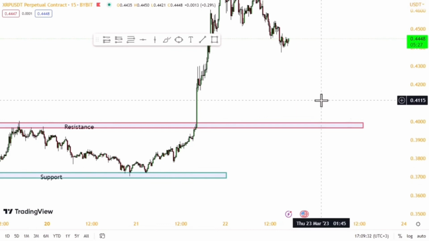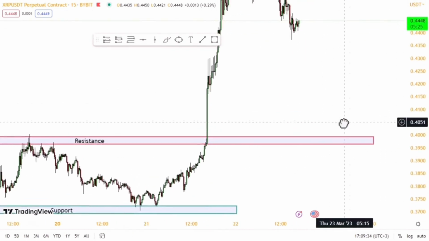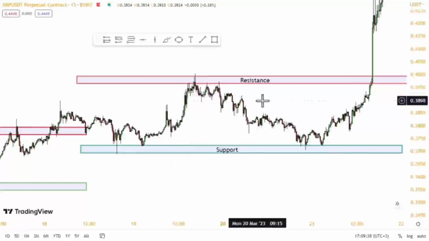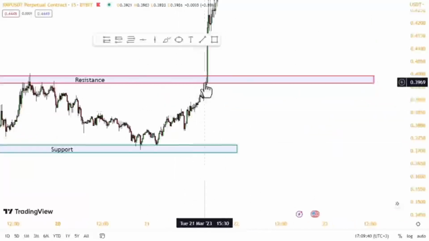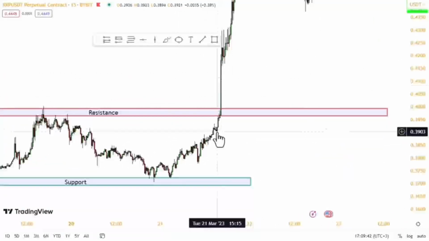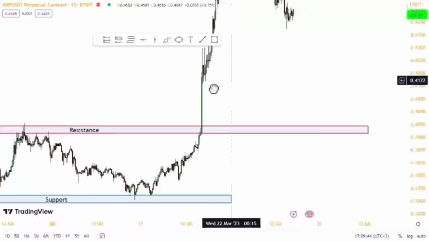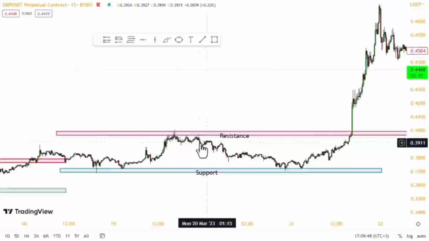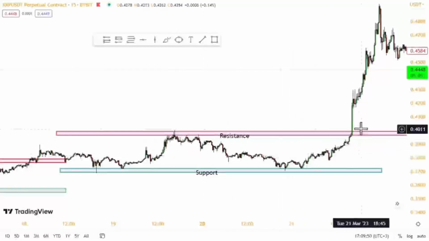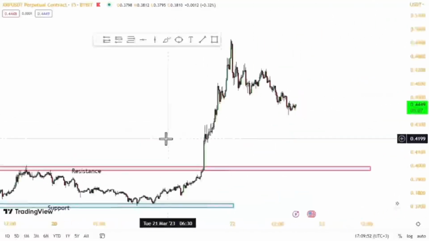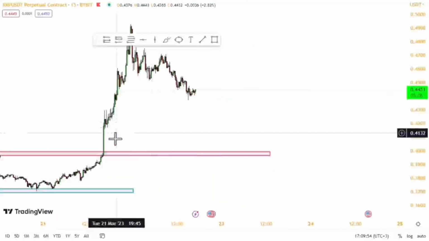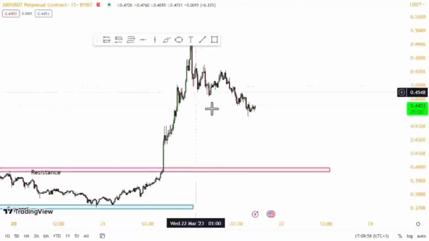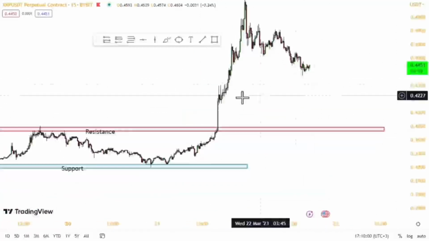Let's make an example here on the chart. As you can see, we had lots of resistance here, and then the price broke this level and went up. And then this area, which was a strong resistance and didn't let the price go through, afterwards became a really good and strong support level, supporting the price going up.